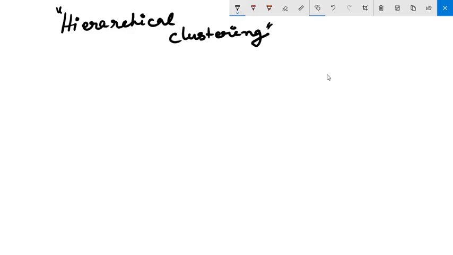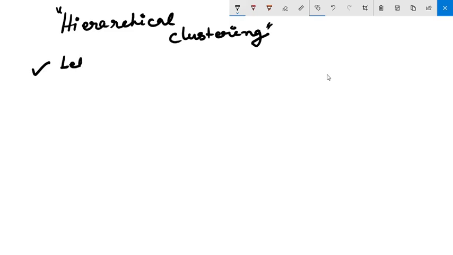So hierarchical clustering is one of the most popular clustering algorithms, and it uses a partitioning method. So let us consider a sequence of partitions of n samples into C clusters. Okay.